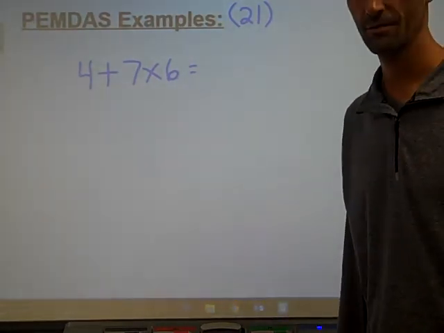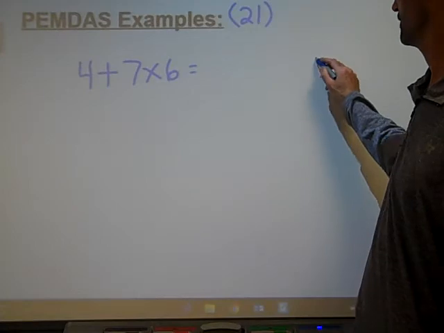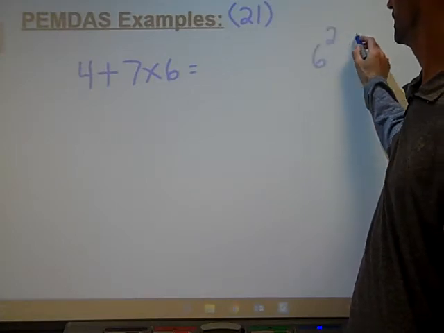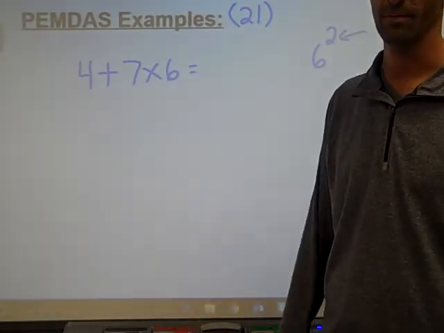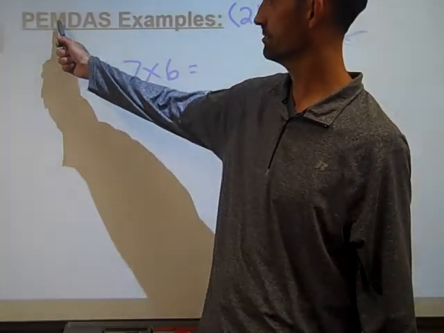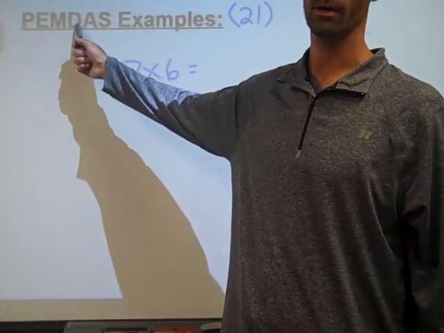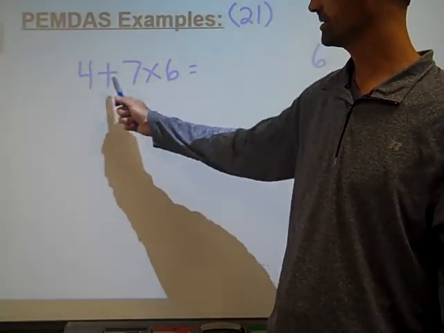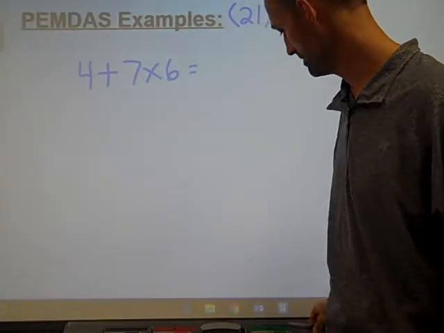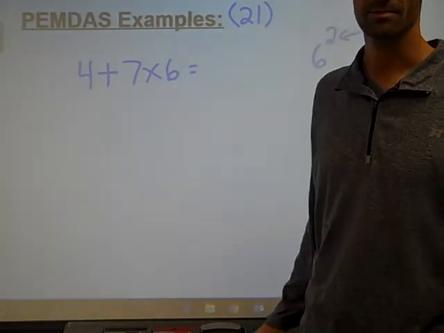So remember in the other video, exponent would be the little number up there. Are there any of those? No. Okay. Then we go to multiplication or division, whichever comes first. Is there multiplication or division in this problem? And the answer is yes, there's multiplication.